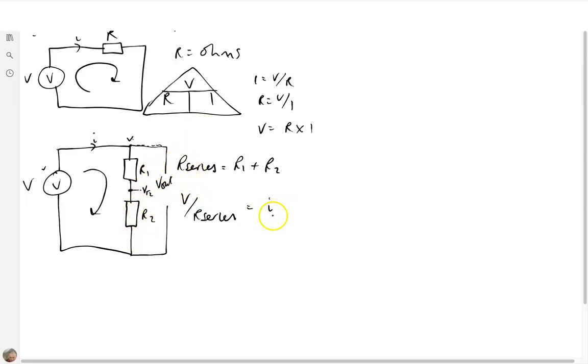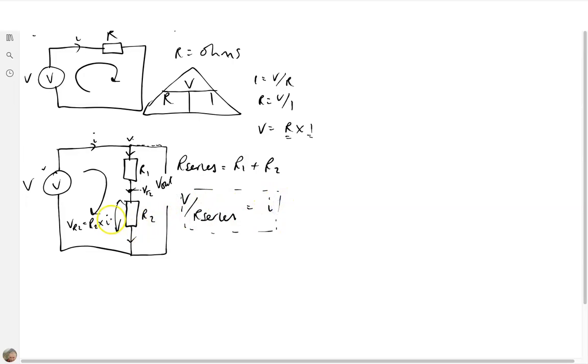One is, we do know that this I is going to flow through both resistors, so I is flowing through R1, I is also flowing through R2, and we know that the voltage can be found by R times I. So if you know I, then simply you could say that VR2 equals R2 times this I flowing through, which we've calculated as follows.